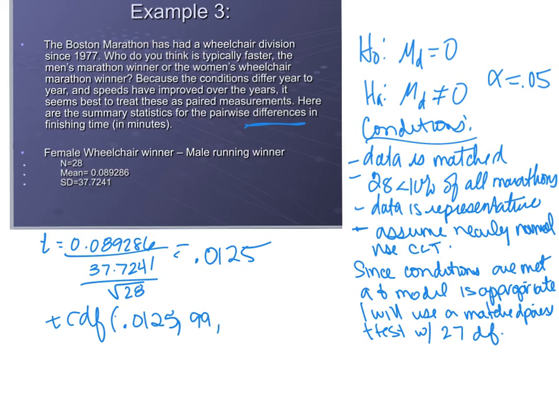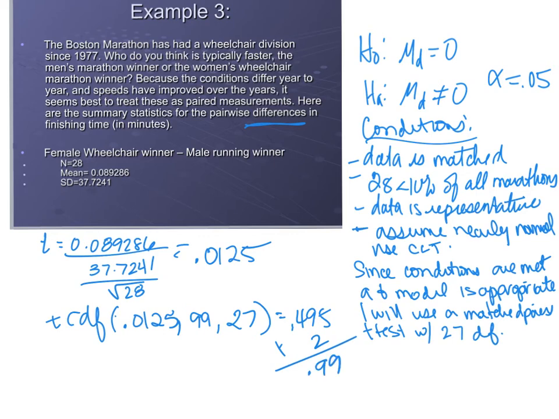Because it's positive, we're going to do comma 99. If this was negative, we would do negative 99 on a not equal to test, and 27 degrees of freedom. So stat, second vars, TCDF, my answer, comma 99, 27 degrees of freedom. Plug it all in. We get 0.495, and we have to multiply that by 2, and we get 0.99.